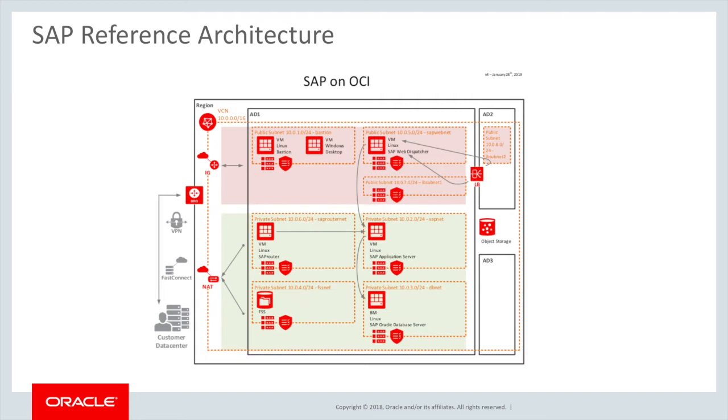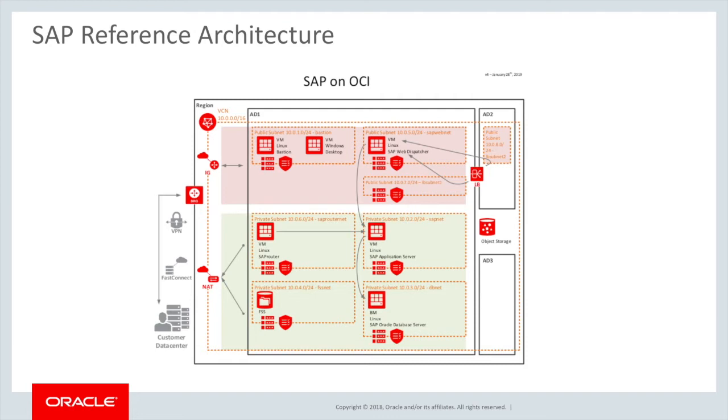So in this video, I will talk about a quick overview of the SAP reference architecture. Then I will talk about the Oracle Cloud Infrastructure tenancy and the different components of VCN required for SAP deployment.